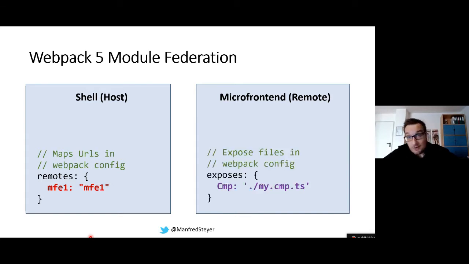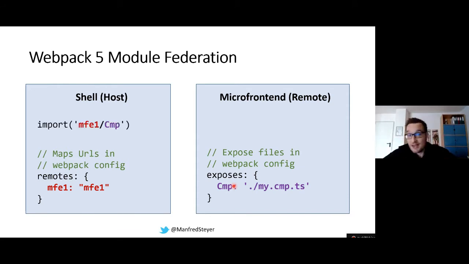Also over there, within the configuration of the remote, of the microfrontend, we can expose stuff. We can expose files with, let's say, Ivy components or Angular modules. Here, I'm just exposing an Ivy component. I'm saying, hey, everything within that file is exposed under CMB. And then something beautiful happens. I guarantee you, something beautiful happens.